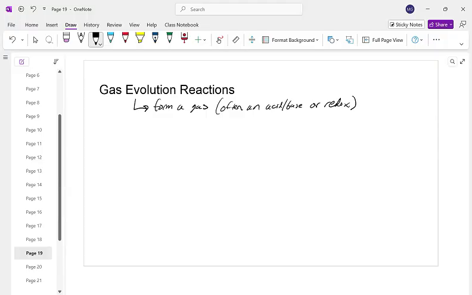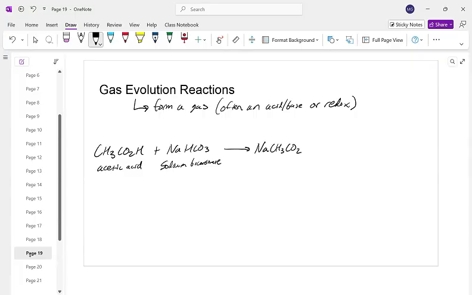So you probably at some point in time took vinegar, which contains acetic acid, and reacted it with baking soda, which is sodium bicarbonate. So vinegar, baking soda, make a volcano out of it. It produces a salt, in this case, what's called sodium acetate.